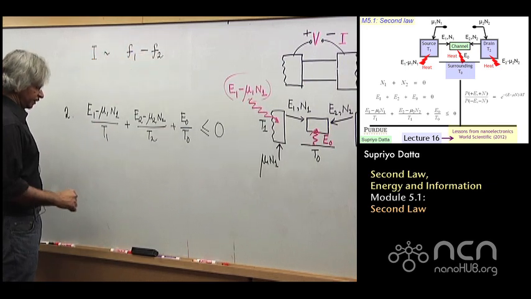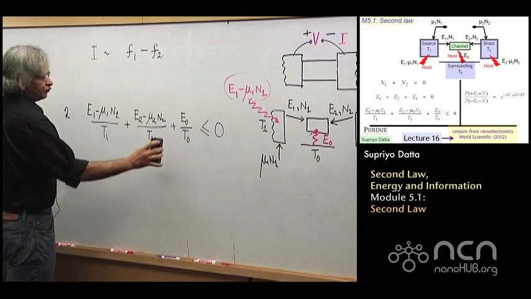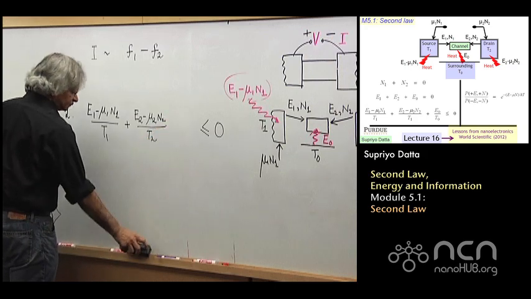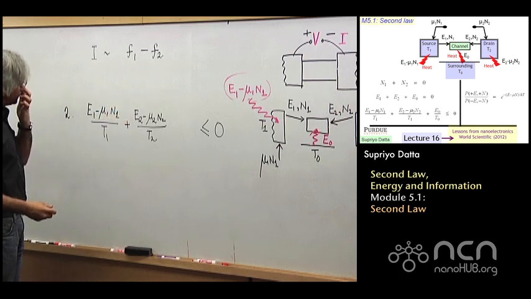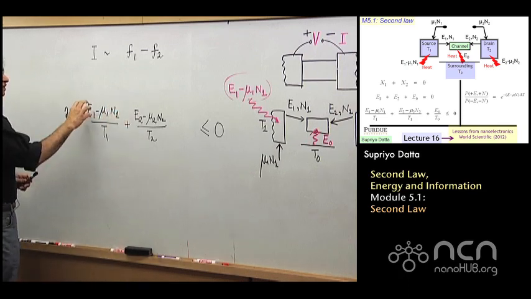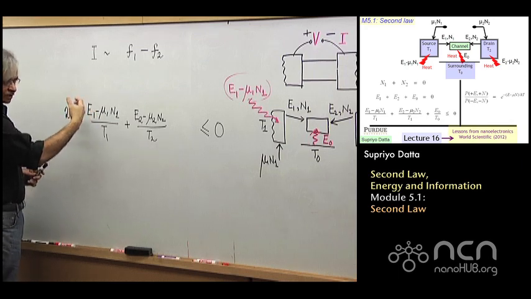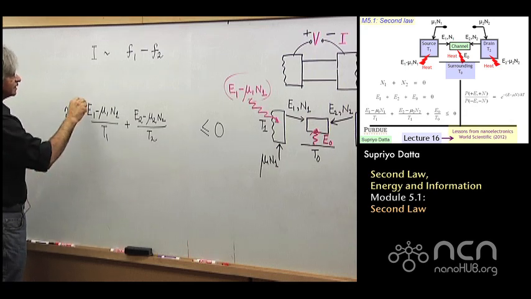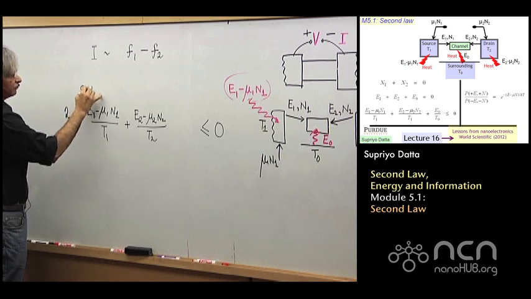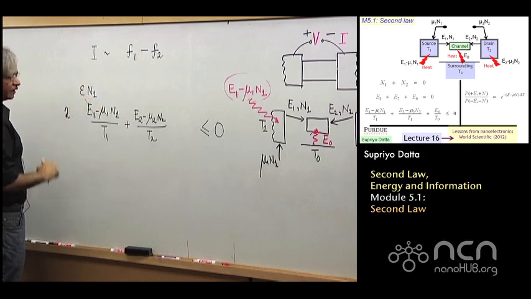And the thing you'll notice here is that if you drop this, then you basically get this relationship, and E1 is the total amount of energy that is coming in from contact 1. You could write this as the energy of an electron times the number of electrons, so epsilon n1.